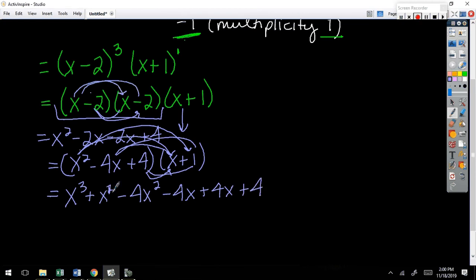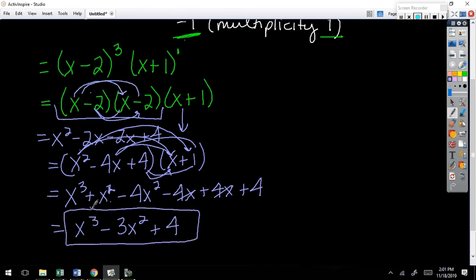Okay, and again, just clean it up a little bit. Get your like terms together. x to the third minus 3x squared. Oh, those cancel. That's nice. Plus 4. Okay, so when given multiplicity, that's what we do.